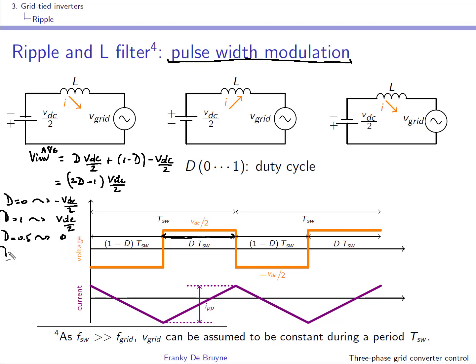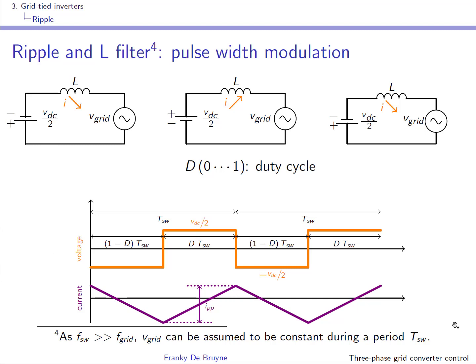And then we had considered the situation 0.25, and indeed this will lead to an average output voltage of minus VDC over 4. And then we had still to consider 0.75, and this will lead to VDC over 4.